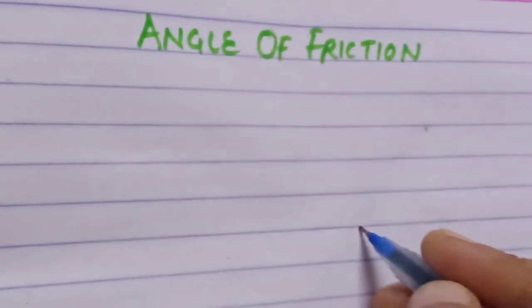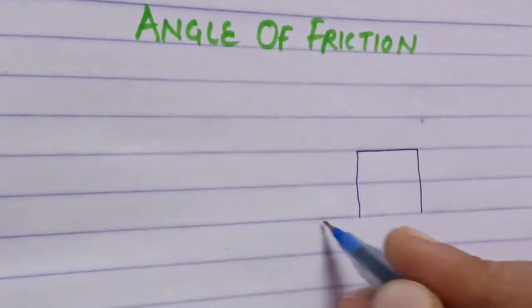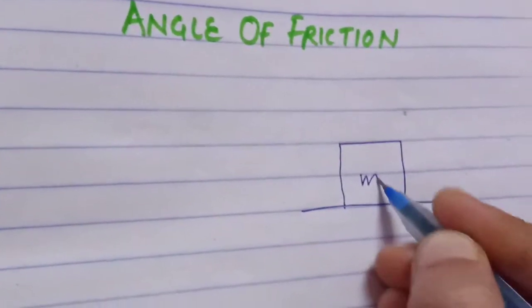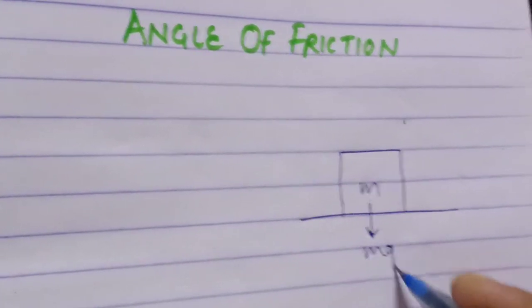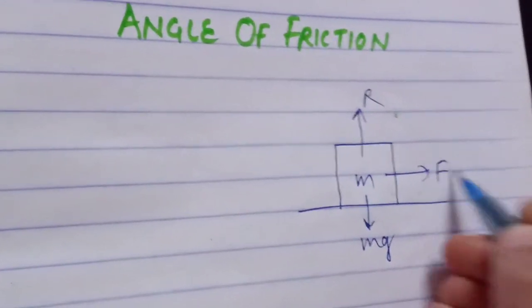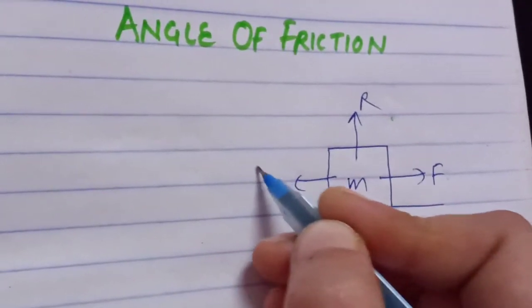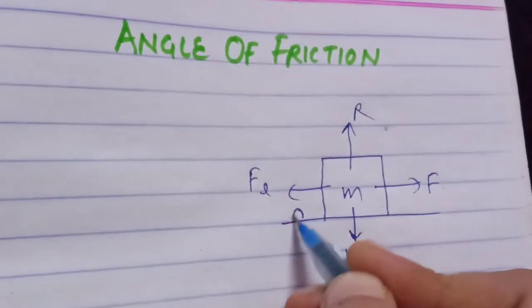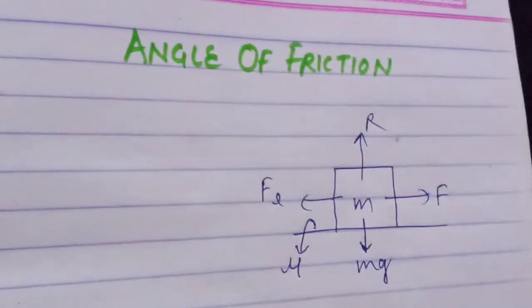So there is a block having mass m, weight mg, normal reaction R, force F, limiting friction Fl, coefficient of friction mu.